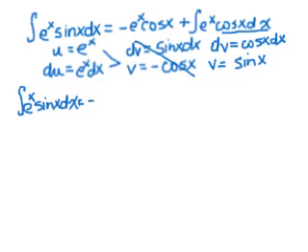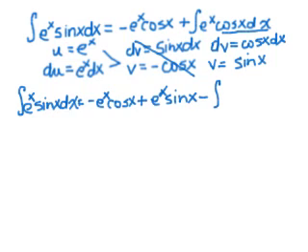So I've got negative e^x cosine x. And then I'm going to add my integration by parts. So u times v is e^x sine x. And then we're going to subtract the integral of v times du, so e^x sine x dx. And, okay, let's look.